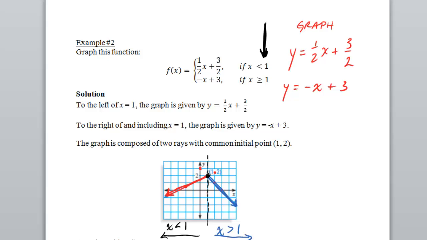And oddly enough, they intersect right there at 1. So that's a unique situation. Now, you can clearly see between the red and the blue graph that we have two pieces of two different functions, but this is considered one function together. So these two parts go together and they're called one piecewise function.